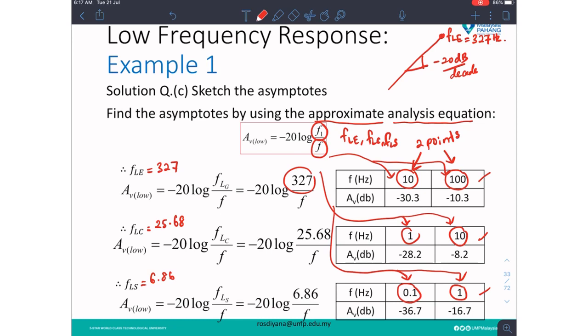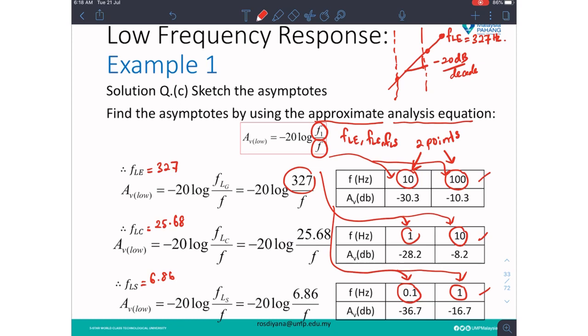To get another point here and here, we take a decade in front of this 327 Hertz, which is somewhere here.